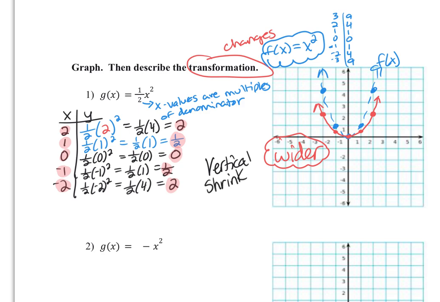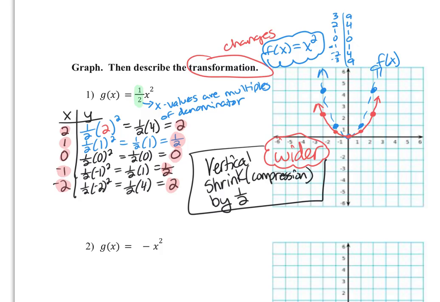Sometimes this is called a compression. And we have to always tell them by how much. The by is actually just the factor that was in front. So we're going to say it was a vertical shrink by 1/2. That is your transformation. So anytime you see a wider graph, it's always going to match this vertical shrink or compression.